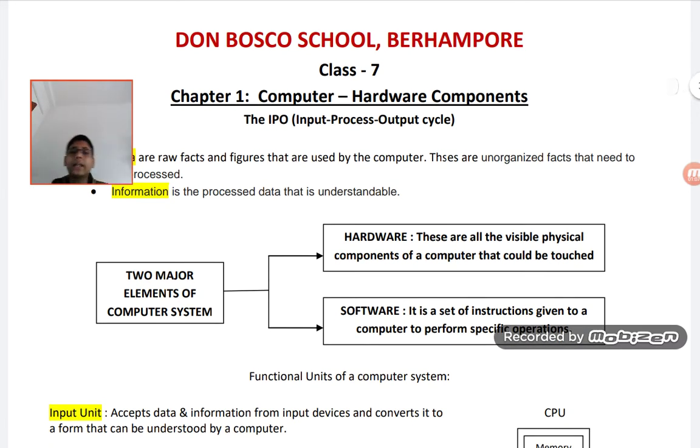In hardware we see various things like the hard disk, outer things like the keyboard, mouse, CPU, monitor, and so on. Software is the applications that we use and the operating system, like Linux or Windows. It is a set of instructions given to the computer.